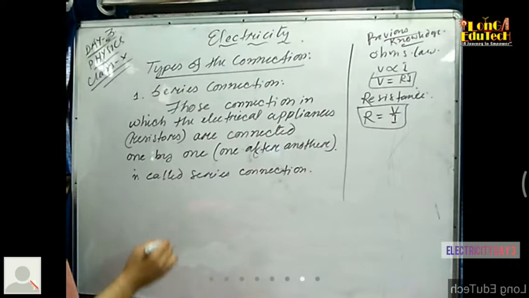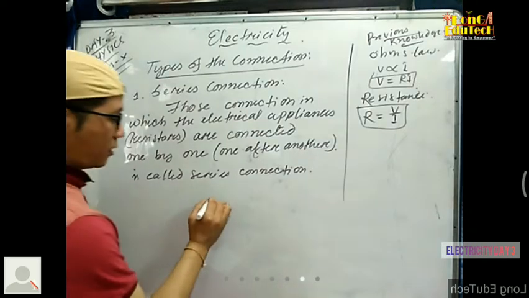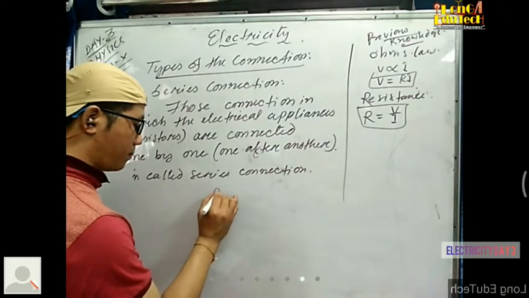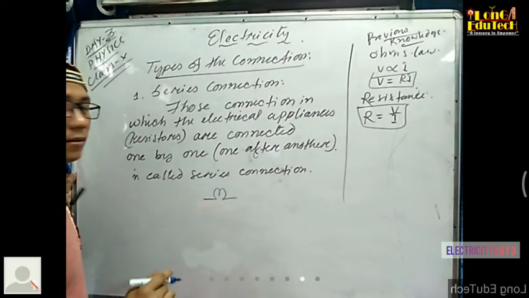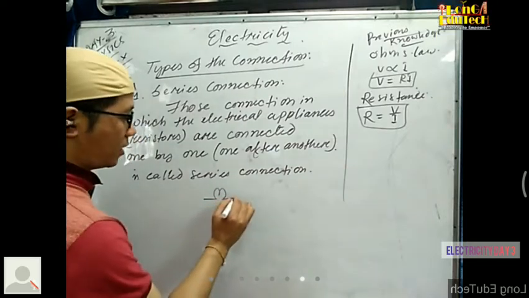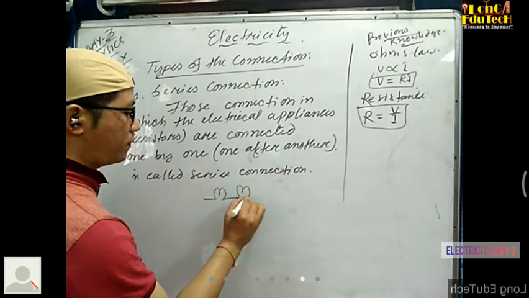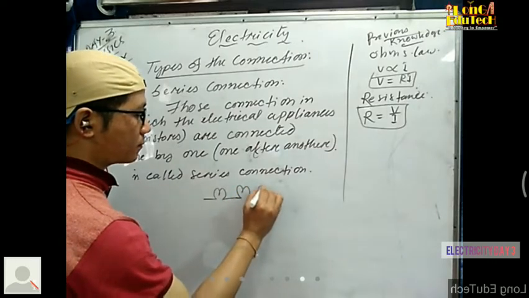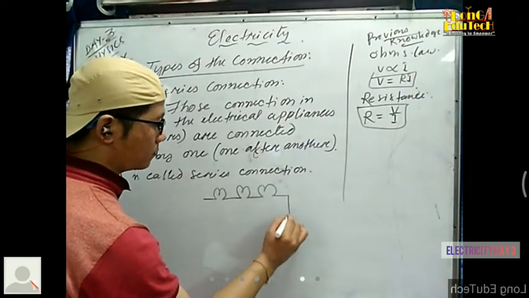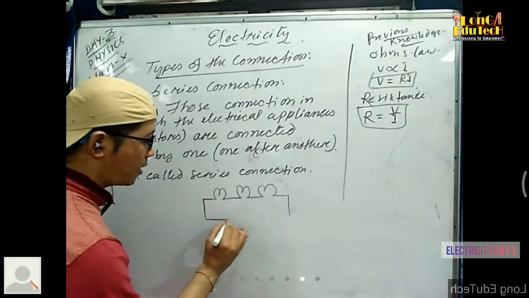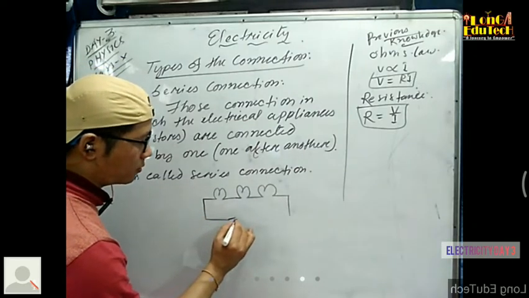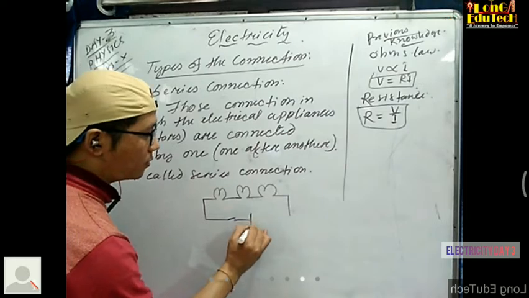So how? Let us see here. This is a bulb. We already know this is denoted by this symbol. These two bulbs are connected in a circuit.